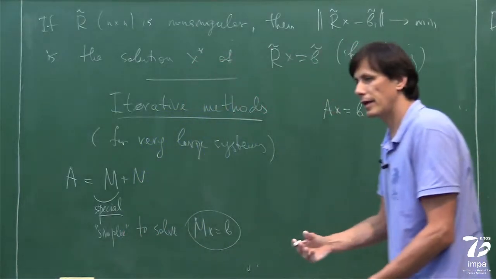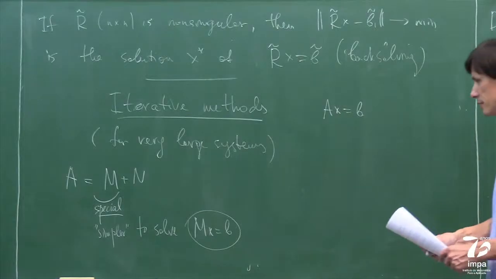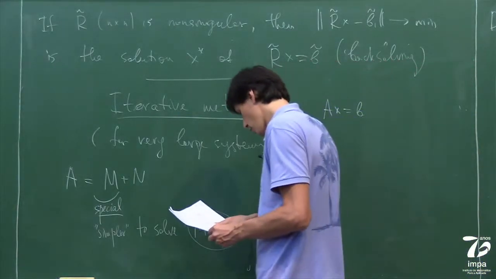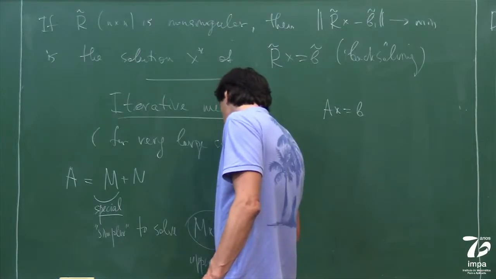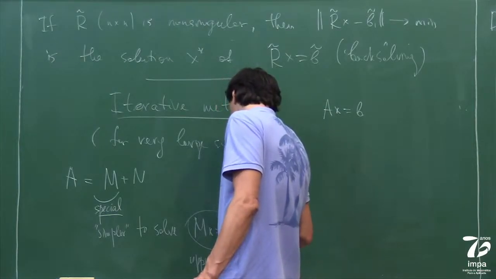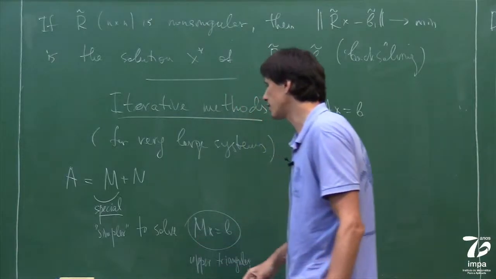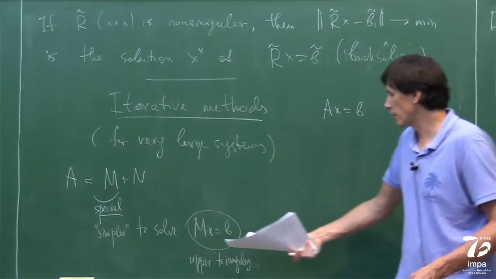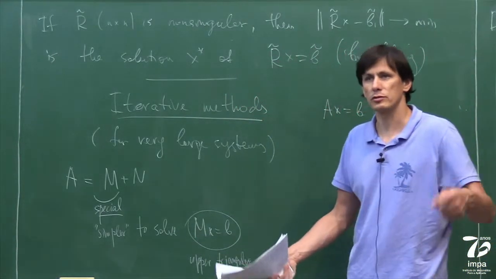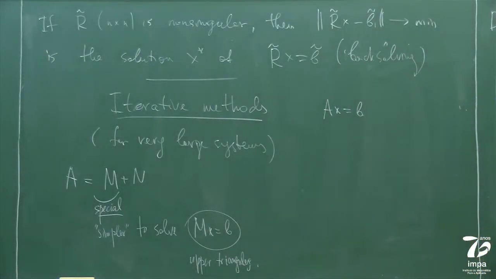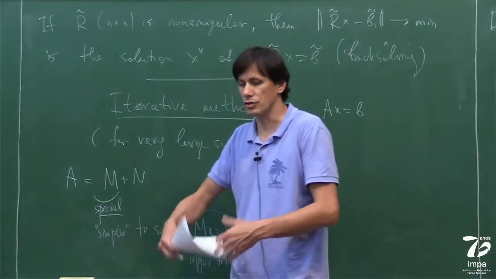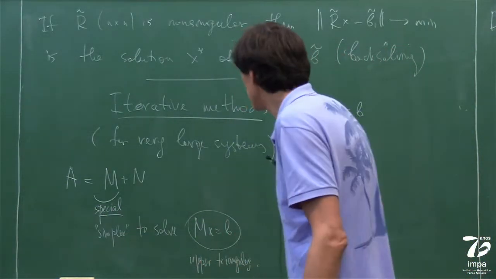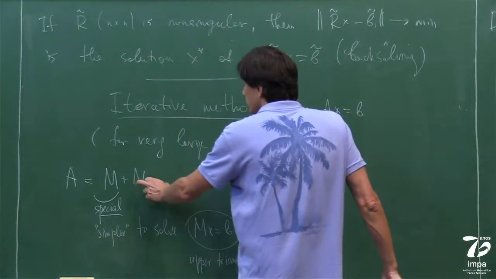So you split A into two parts, where the first part is something very simple, like, for example, upper triangular. If M is upper triangular, then you solve any equation with M just by back solving. It's a clear procedure, so it's much fewer operations than solving with A, which is general. And so now we just need to treat this addition N.